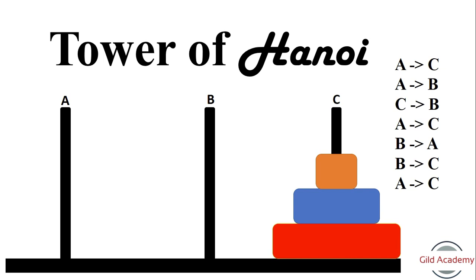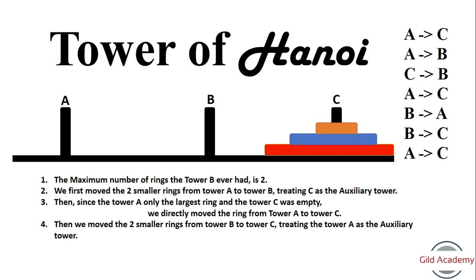Now let's have a look at the observations. The maximum number of rings that tower B ever had is 2 in this case. We first moved the two smaller rings from tower A to tower B, treating C as the auxiliary tower. As you can see, in the first three instructions of the solution, we actually moved the two rings from tower A to tower B, and we treated tower C as an auxiliary tower.